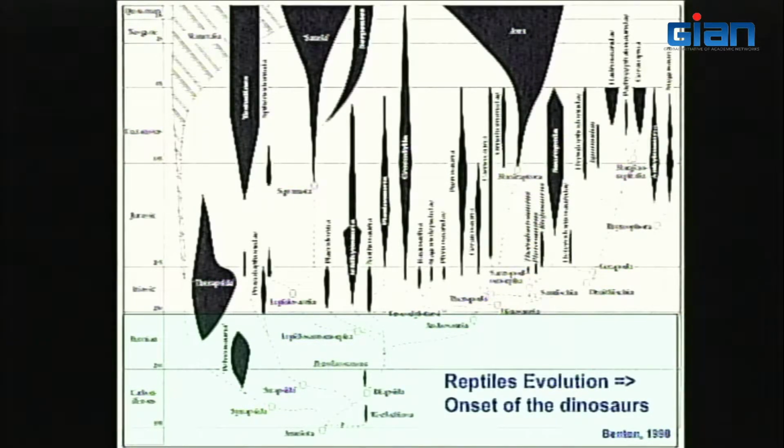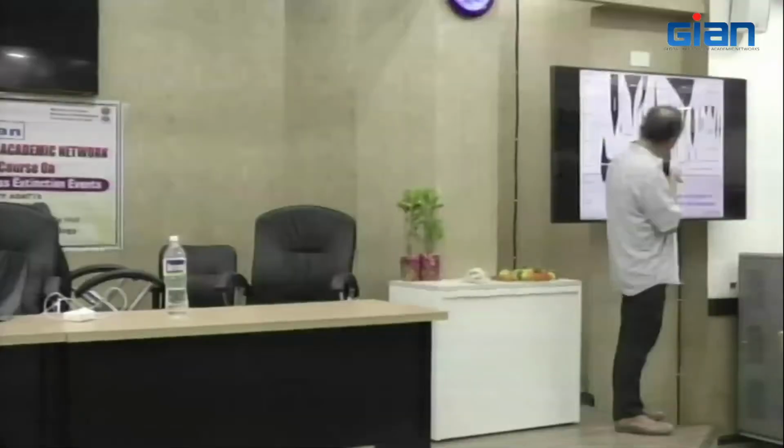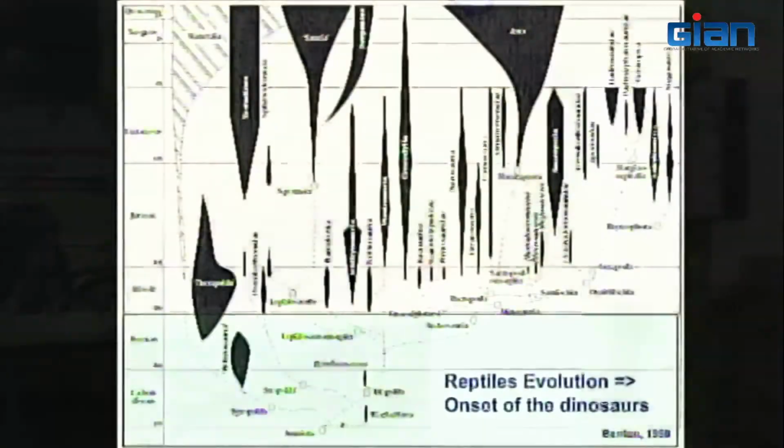The synapsids, which will give rise to the therapsids, and later in the Triassic to the mammals, which is quite important. And the other branch, the diapsids, which will give rise to a lot of reptiles. Some are marine, like ichthyosaurs and plesiosaurs, but a lot of them were dinosaurs, like the sauropods. And from the dinosaur branch, you can get probably the birds, okay?